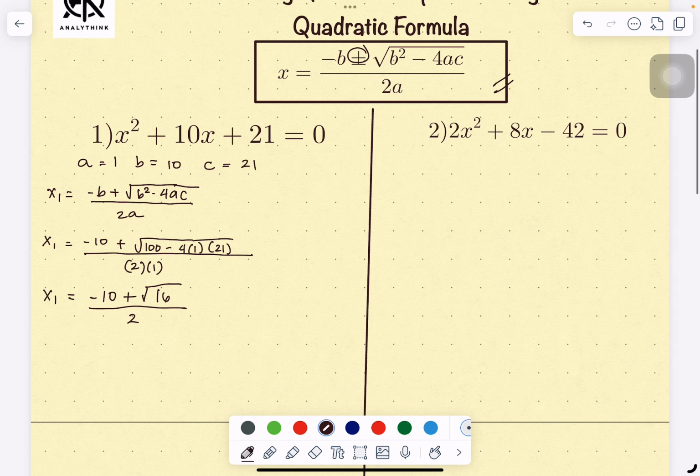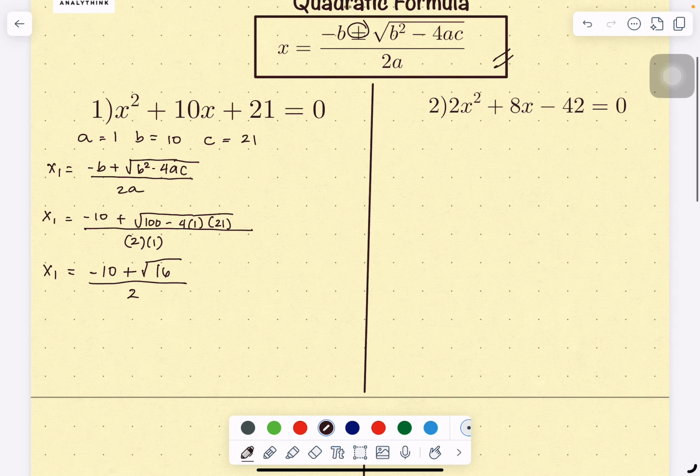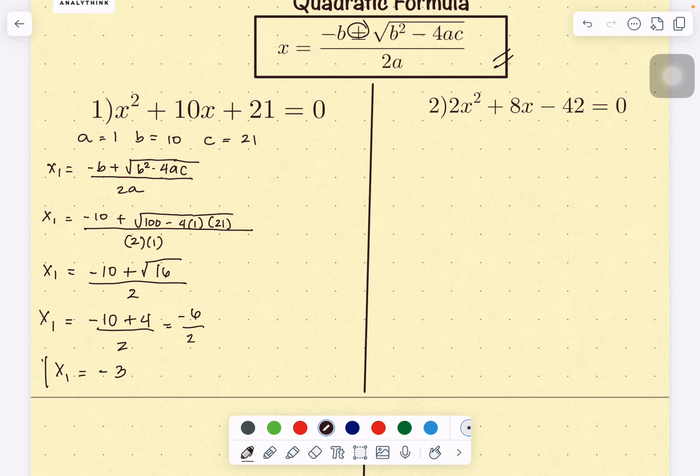From here, x sub 1 is negative 10 plus 4 over 2. Negative 10 plus 4 is negative 6 over 2. So x sub 1 is negative 3, which we also got using the completing the square method.